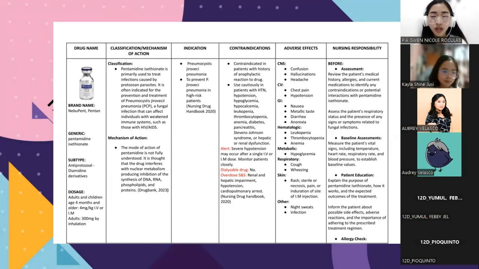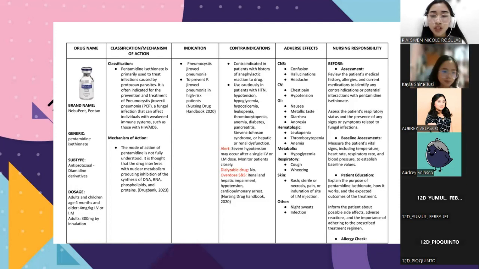So adults 300 mg by inhalation. For the route, it is taken intravenously, intramuscularly, and inhalational. So for the frequency, for the IV or IM, 4 mg once daily for 14 to 21 days, then inhalation, 300 mg once every 4 weeks using respiratory guard to nebulizer.